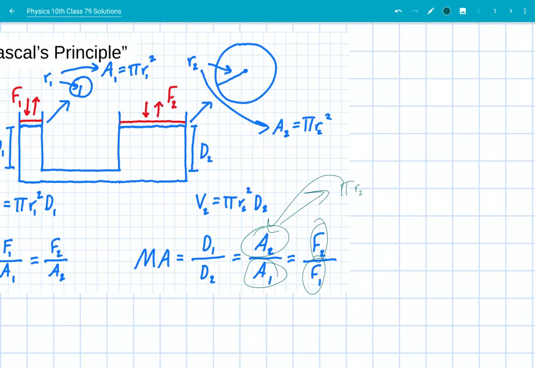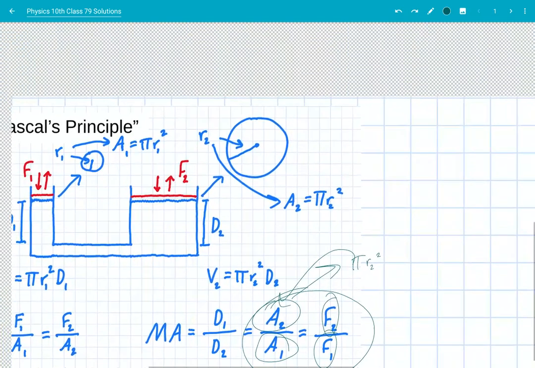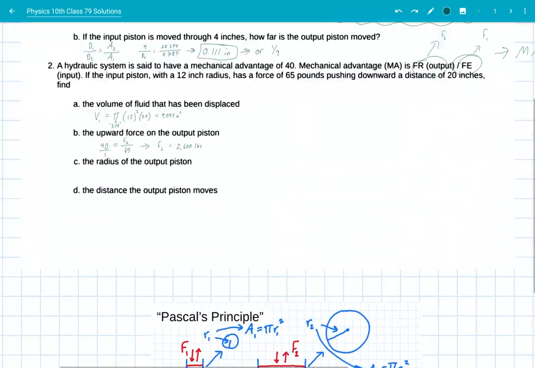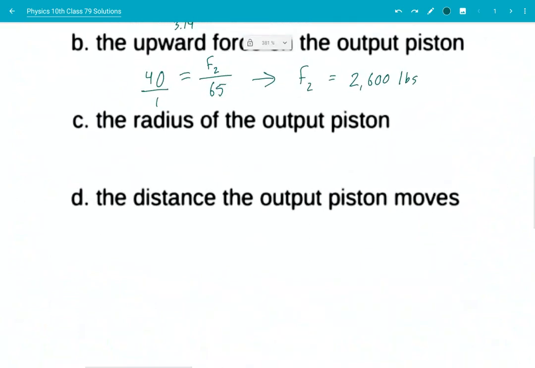We're going to use these four and cross multiply all those. Actually, I'm going to leave all that there. All right, A2 over A1 equals F2 over F1. We don't know A2, but instead of saying A2 right here, we're going to call this pi times radius 2 squared, so we can find that radius.